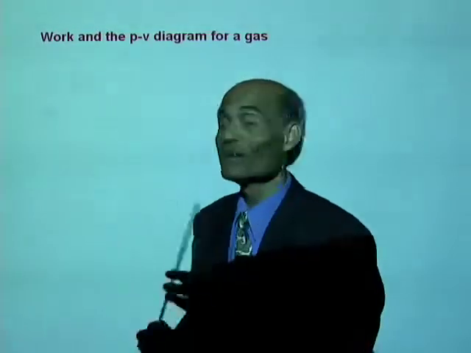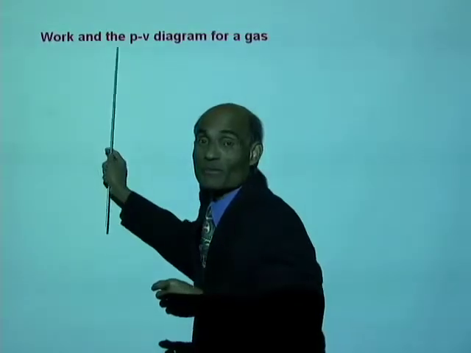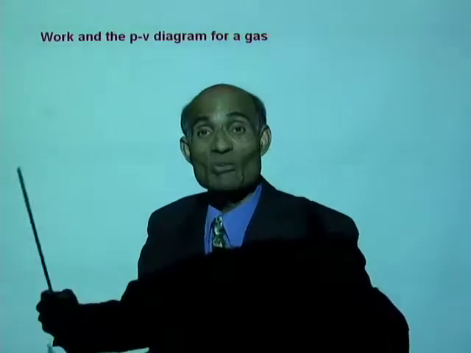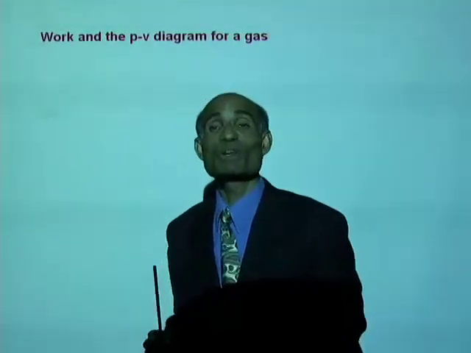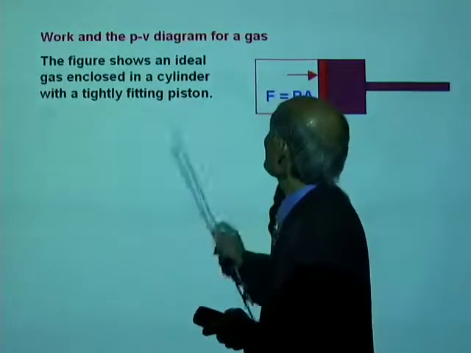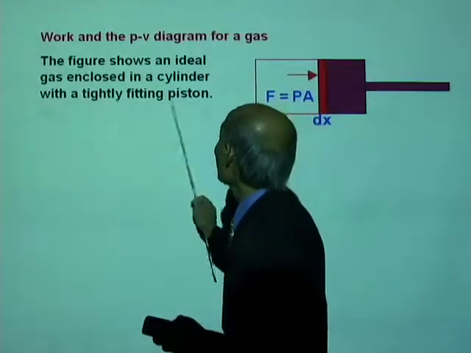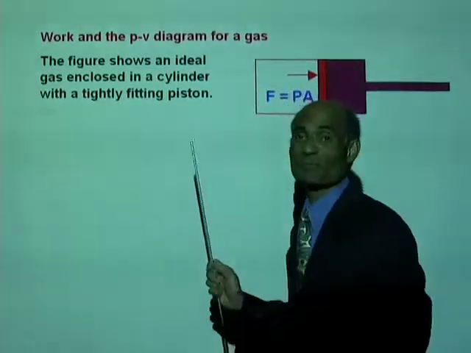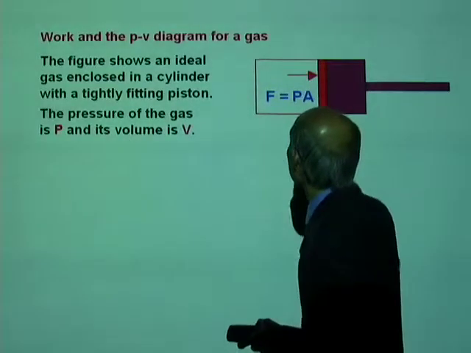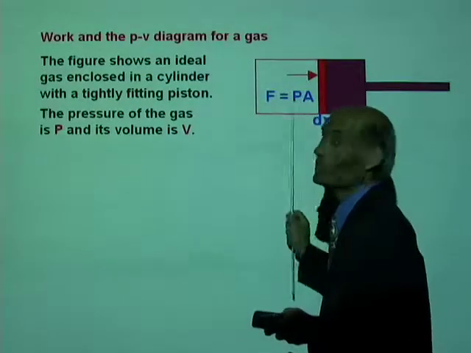In the same way, we can relate work done by a gas to the pressure against volume diagram. The figure on the right shows an ideal gas enclosed in a cylinder with a tightly fitting piston. The gas is inside, and the piston can move back and forth.